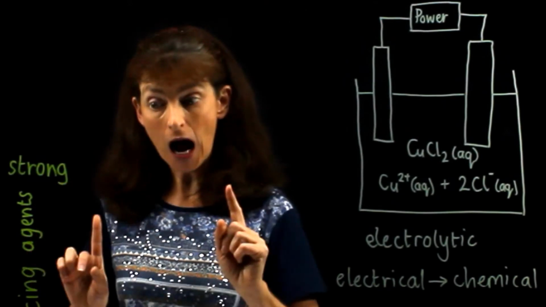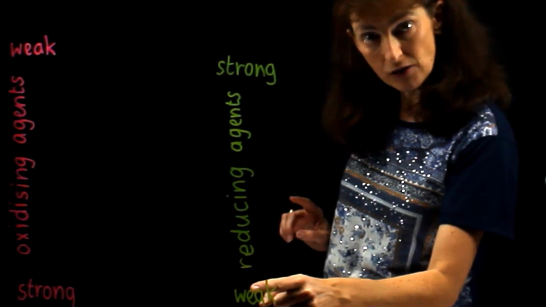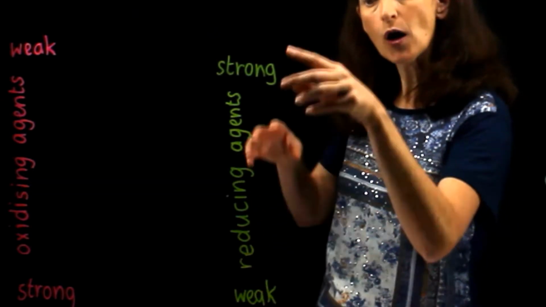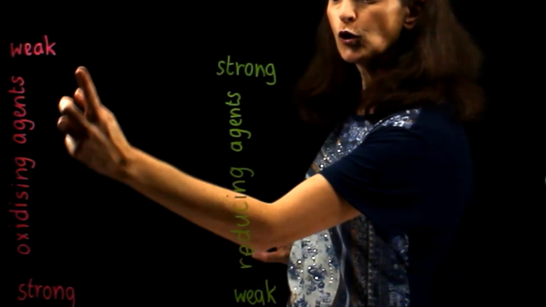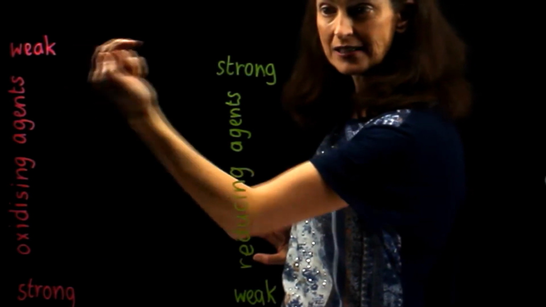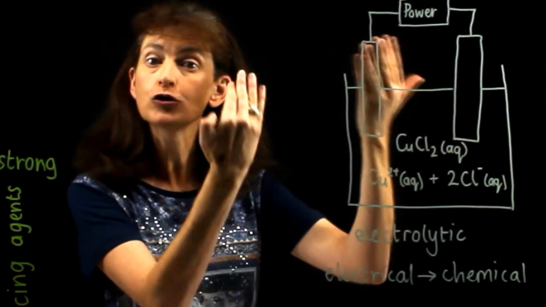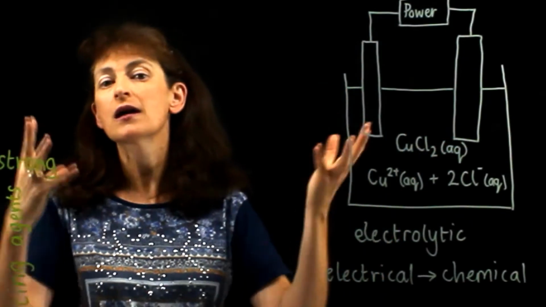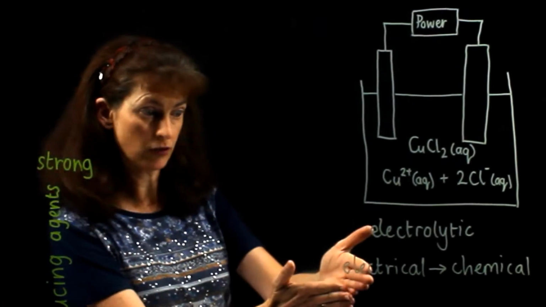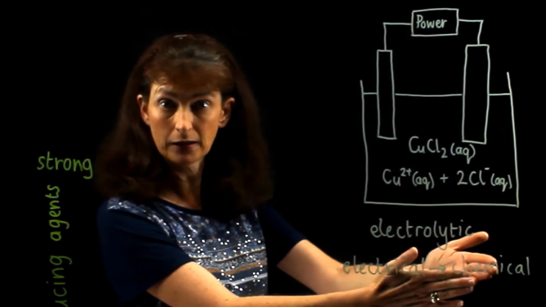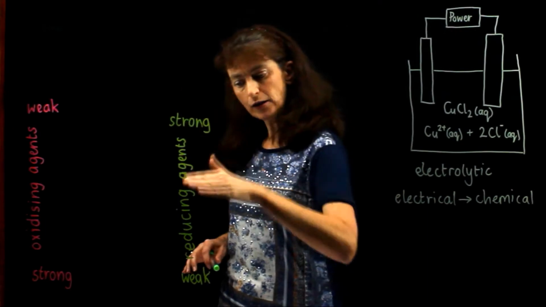Instead, now a weak reducing agent is going to act as the reducing agent. And so a weak reducing agent is going to be oxidized, and a weak oxidizing agent is going to be reduced. Why? Because the battery is going to force them to act against their natural behavior. In other words, electrical energy is going to be converted to chemical energy. Fitting with that, we find chloride ions quite low down on the right.